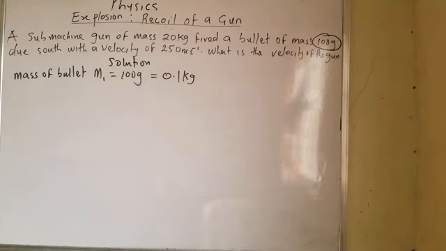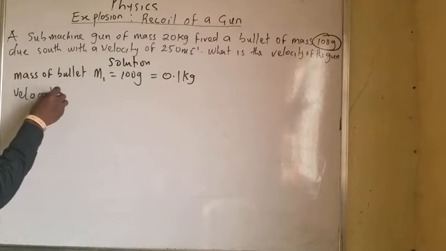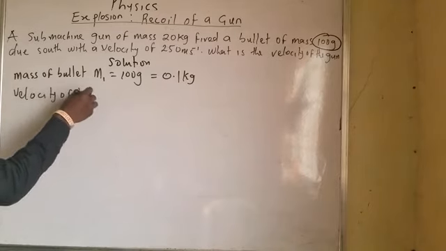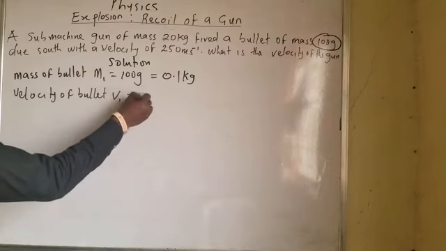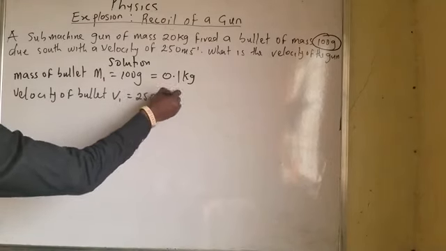Now the velocity of the bullet, v1, equals 250 meters per second.